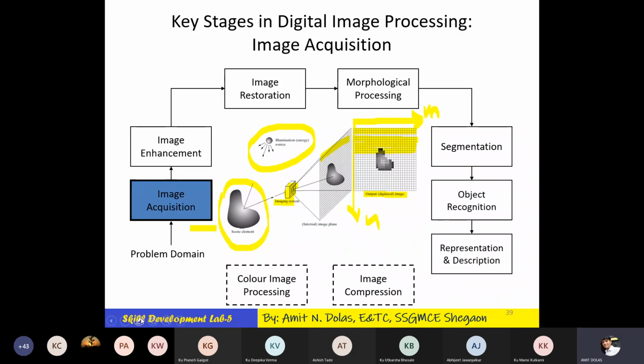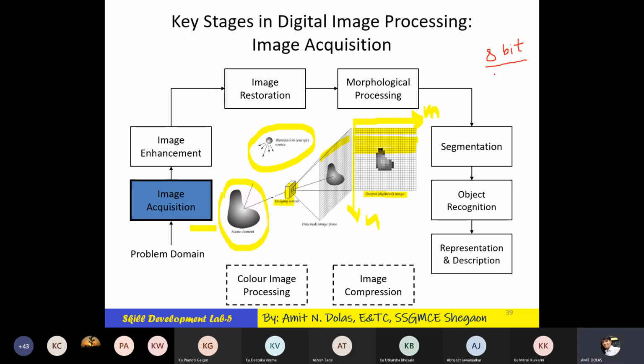For an example, if we have an 8-bit image, then what is the meaning of an 8-bit image? It may be signed or unsigned.